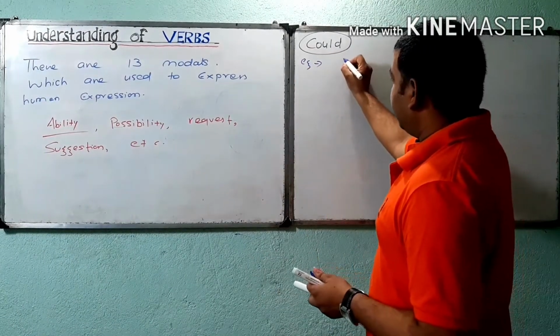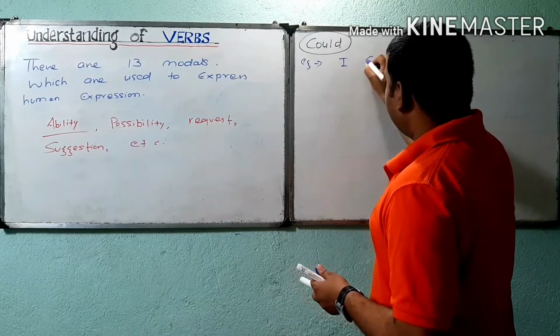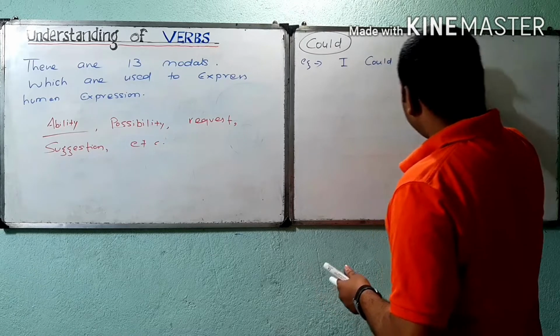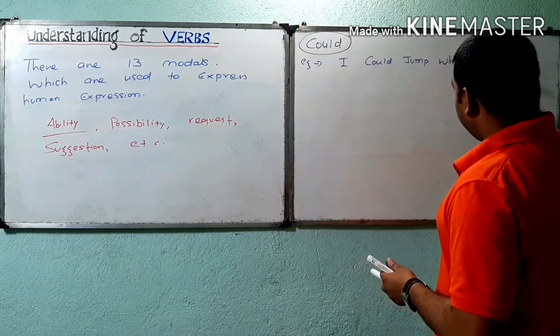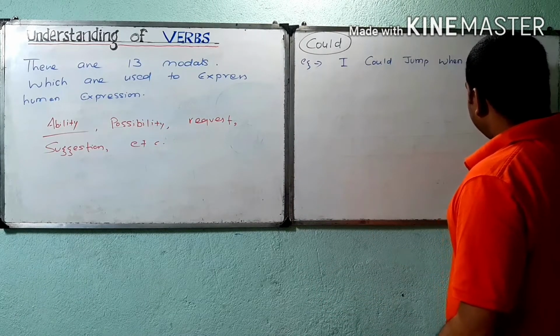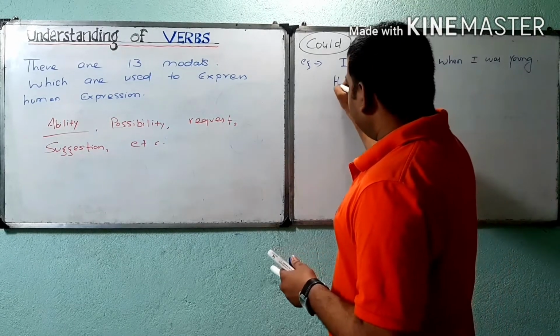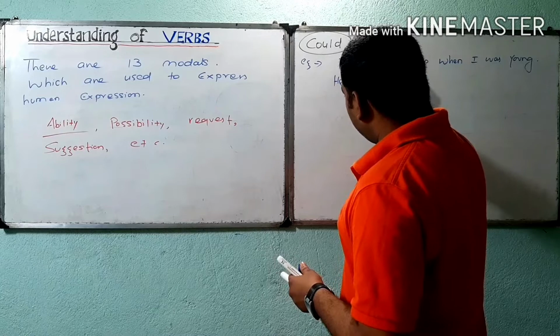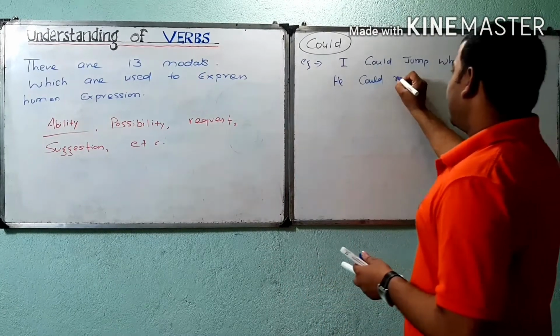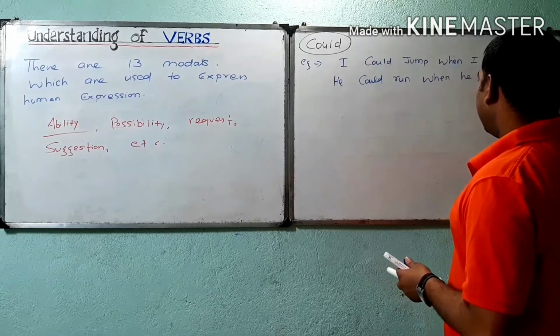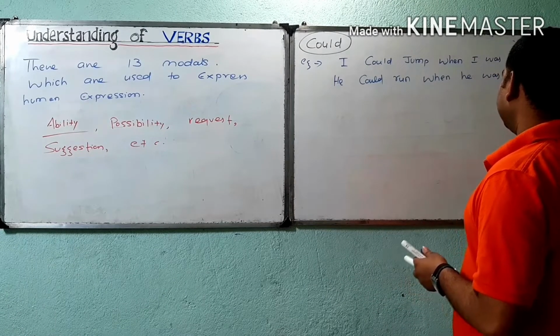Okay. Just if I write it, I could jump when I was young. He could run when he was 20.